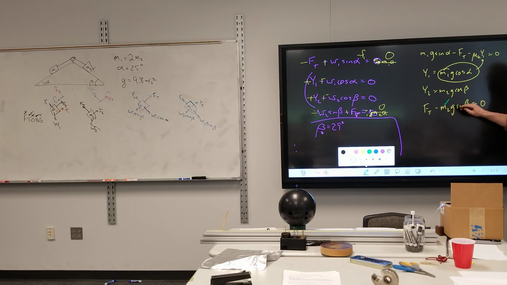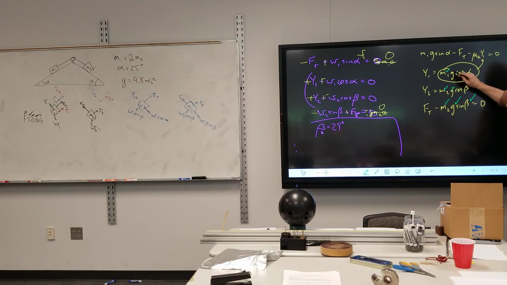So we know the masses, beta, G, M1, G, alpha, that's what we're trying to find. Technically, we have 4 unknowns, so we don't know tension, Y1, Y2, and mu k.